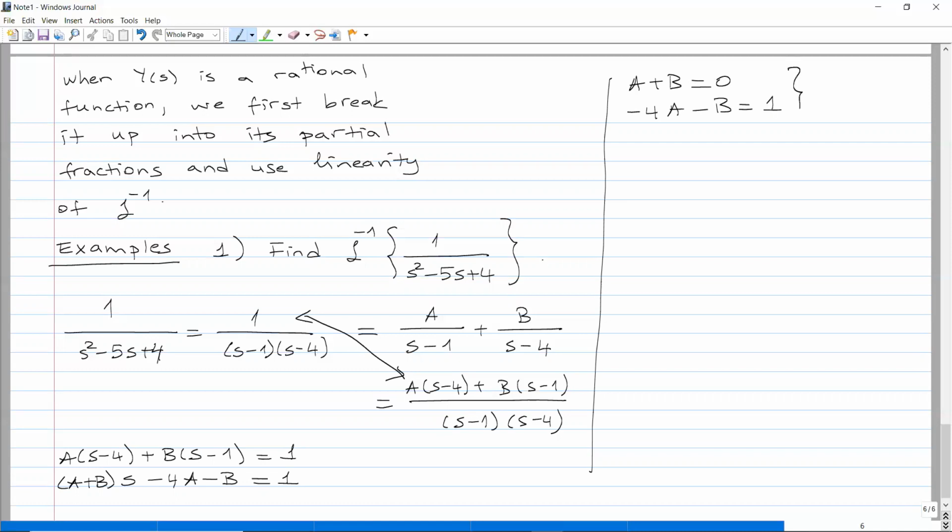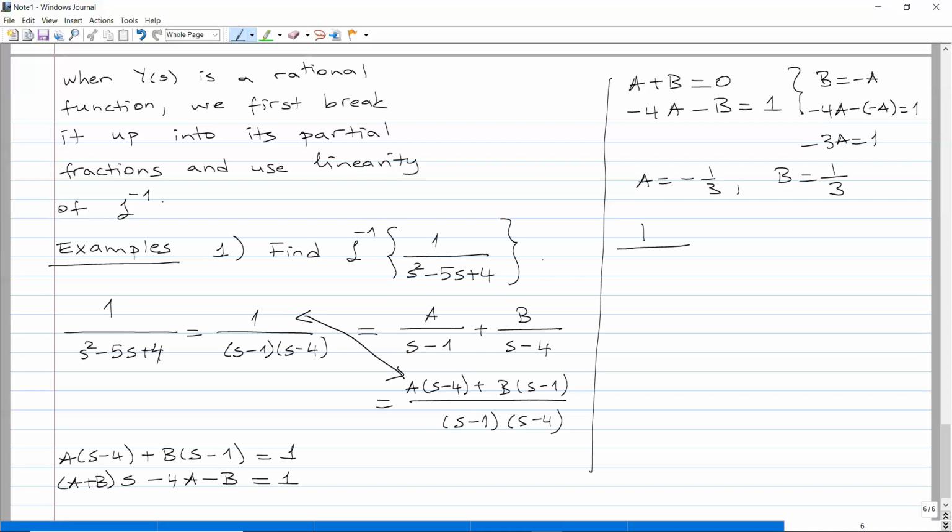So we need to solve these two equations to find a and b. From the first equation, we have b equals minus a. And if we use it in the second equation, we have minus 4a minus minus a equals 1. So minus 3a equals 1. a is minus 1/3, b is 1/3.